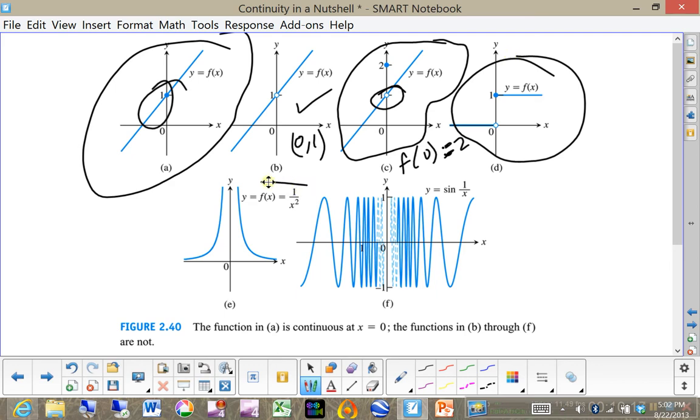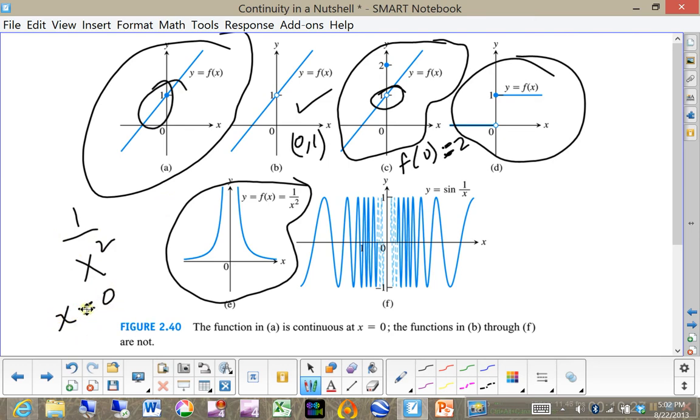And then the rational function 1 over x squared is not continuous at x equals 0 because it has a vertical asymptote. It's continuous everywhere else, a very nice continuous function, except at x equals 0.